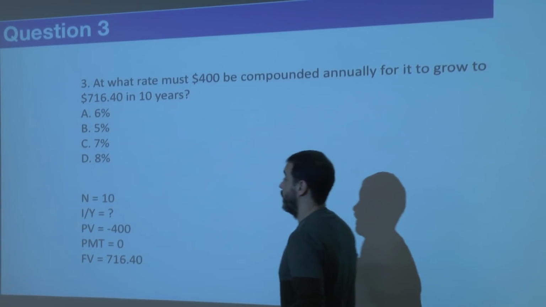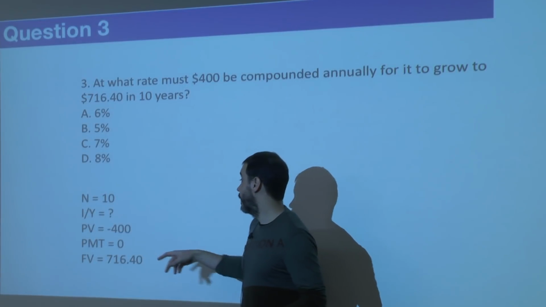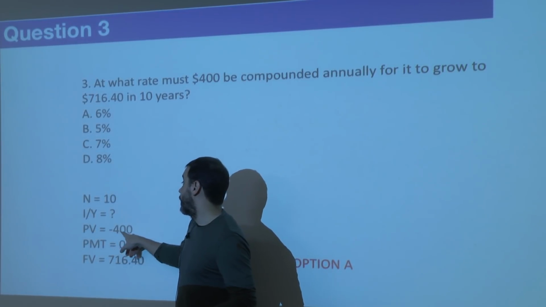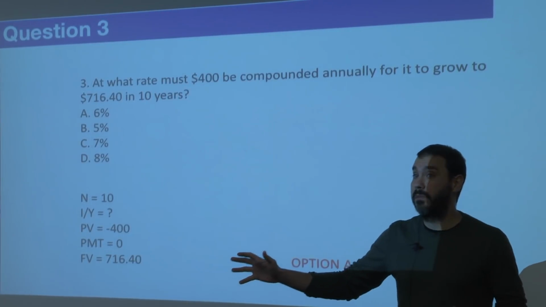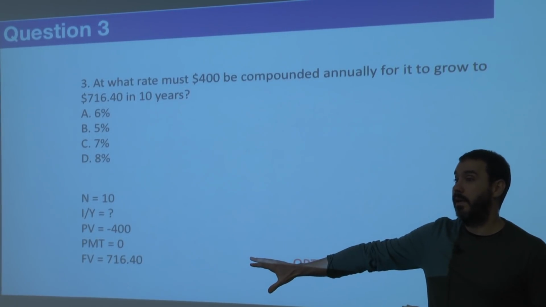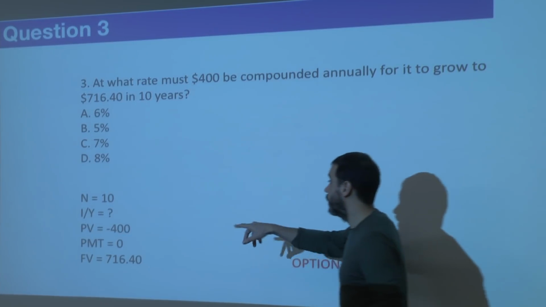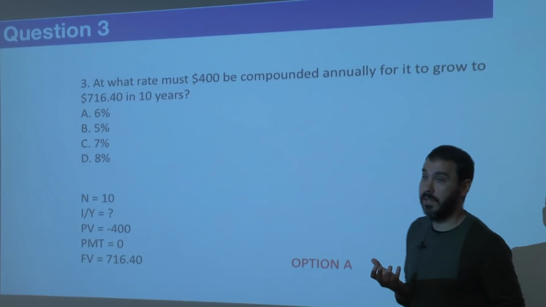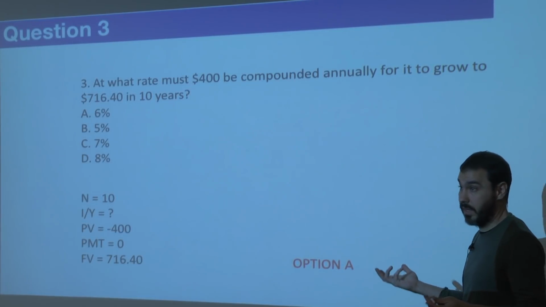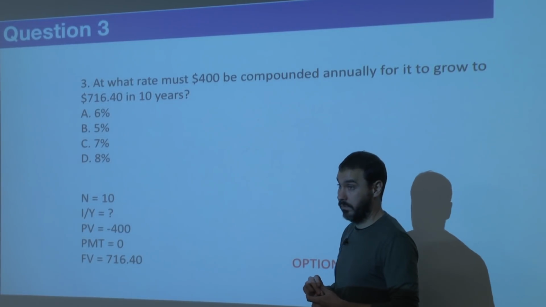So the way I think about it, to be consistent, is the present value in this case is negative because I part from some money. I put it in an account. And at the end of the 10 years, I receive back 716. But you could reverse them, and the calculator will give you the correct answer.